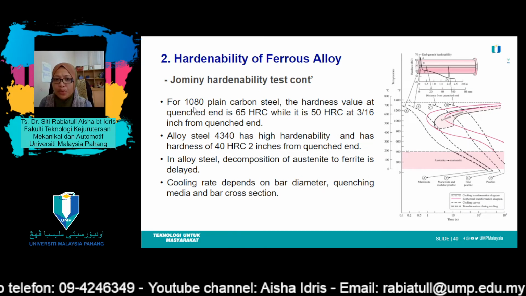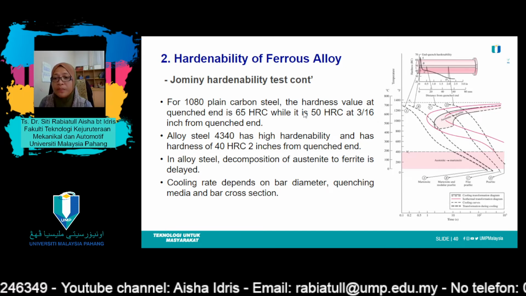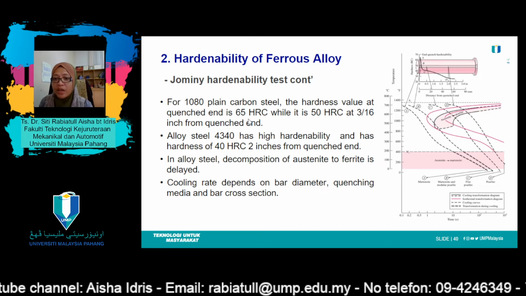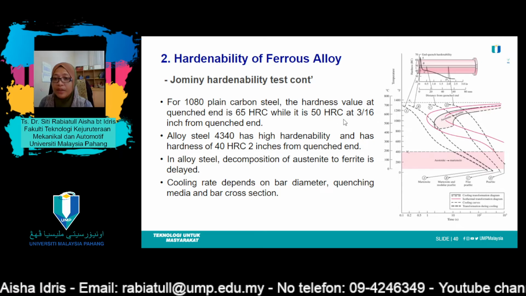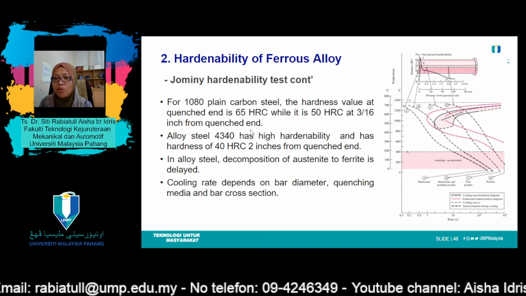For 1080 plain carbon steel, this is a code for plain carbon steel, the hardness value at the quench end is 65, while it is 50 at 3/16 inch from the quench end.